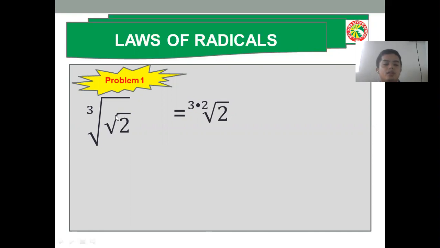You have here a square root, so the index is 2, then the index here is 3. You multiply them, that is the 6th root of 2. That is how to evaluate if it involves two or more indexes.